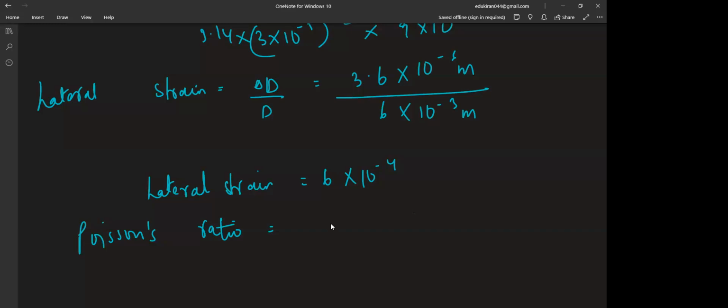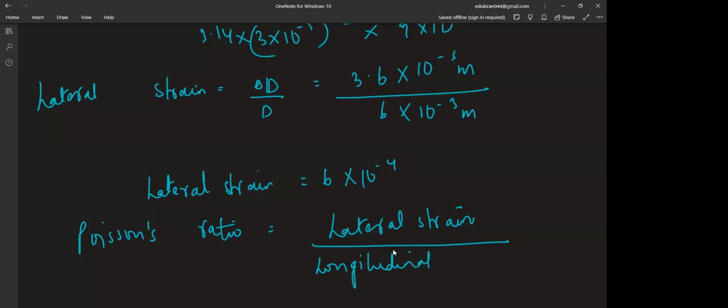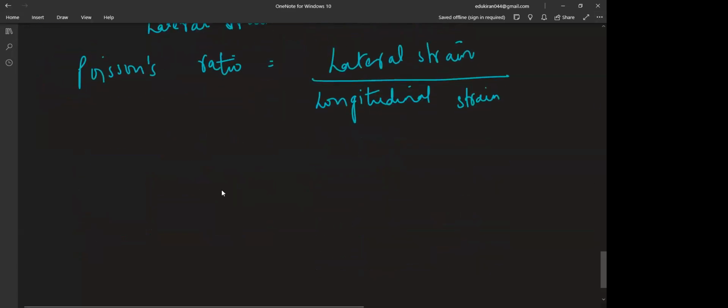Poisson's ratio is basically lateral strain by longitudinal strain. So sigma is equal to lateral strain, 6 into 10 to the power minus 4, by longitudinal strain.